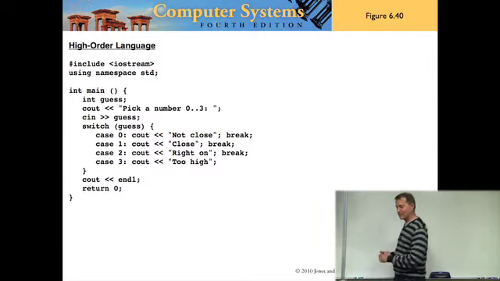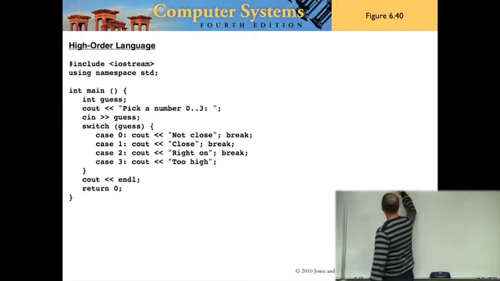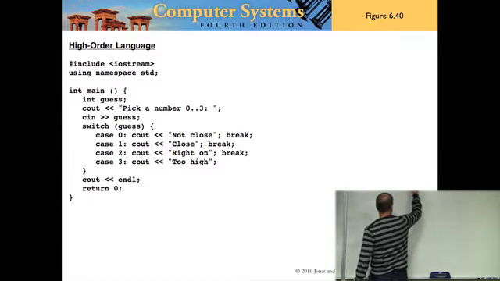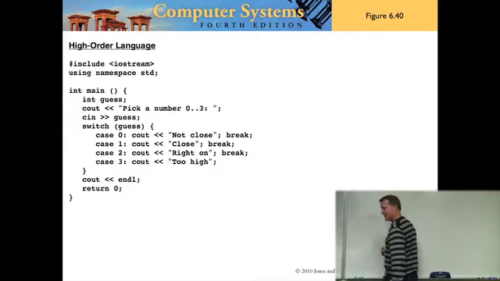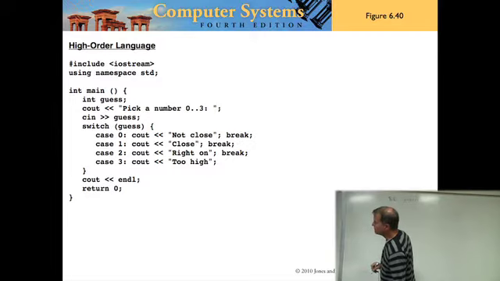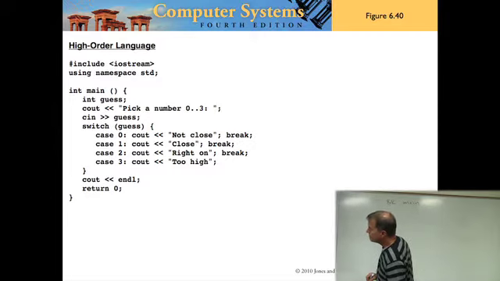So here we go. What's the first one? Branch to main. And do we have any local variables? Yes, guess. What is guess?